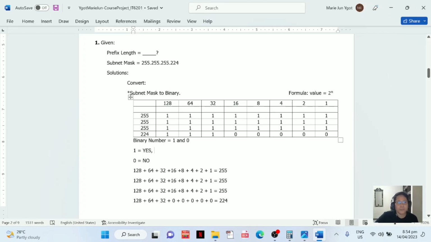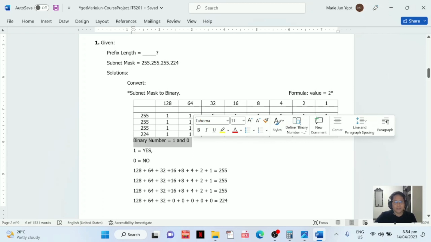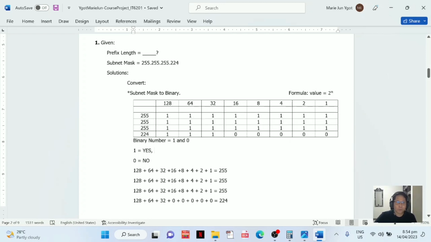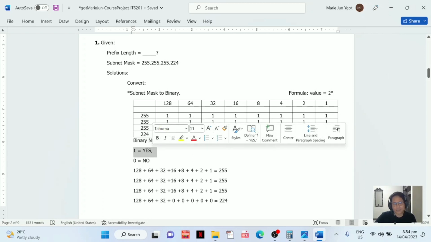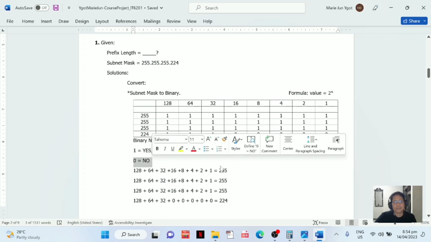But first, remember that a binary number only uses 1 and 0. Remember, 1 means yes and 0 means no.